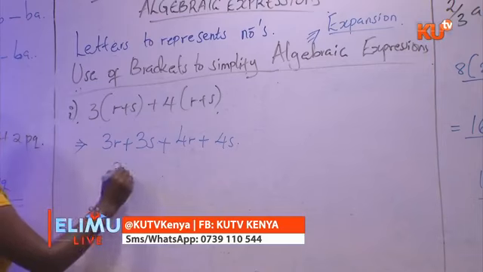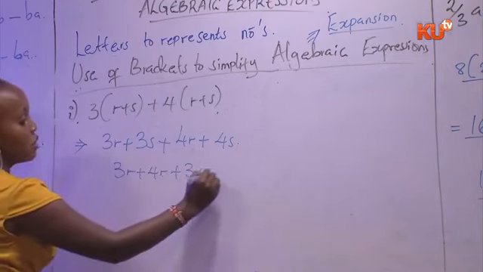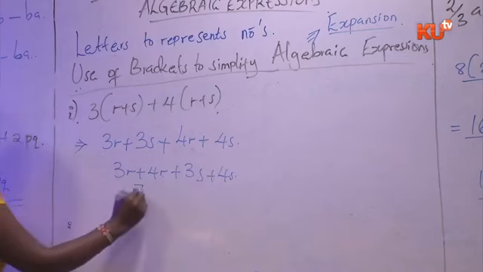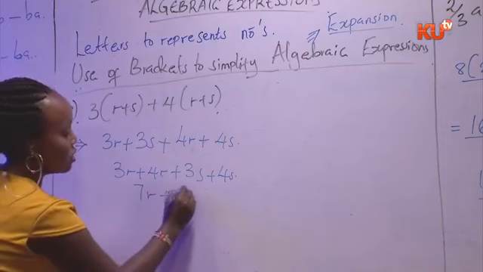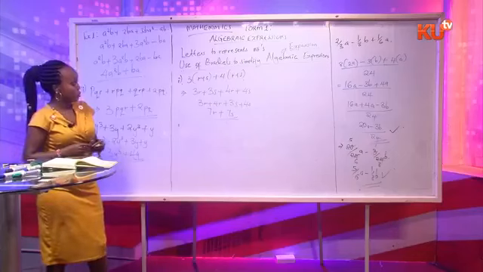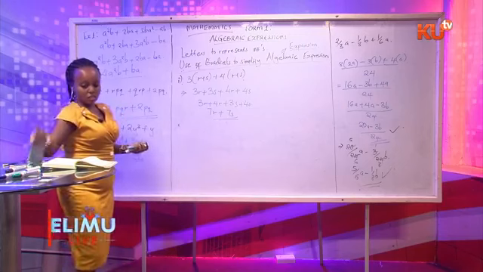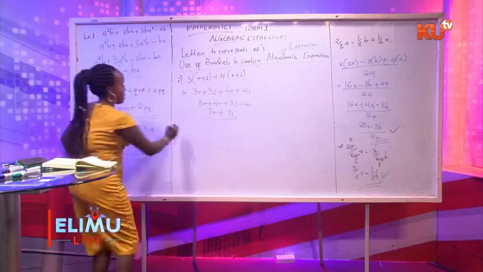So this will be 3r plus 4r plus 3s plus 4s. If we add 3r plus 4r, this is 7r, plus 3s plus 4s, this is 7s, and that becomes your answer. So that is how we remove brackets to simplify algebraic expressions. Then let us look at another example. We have 4 into 2a plus 3.